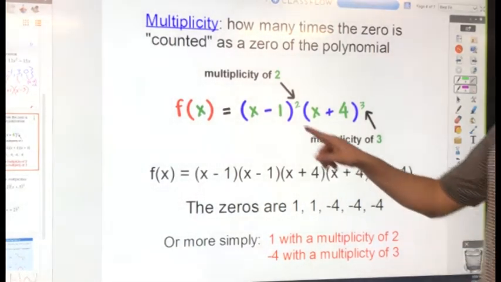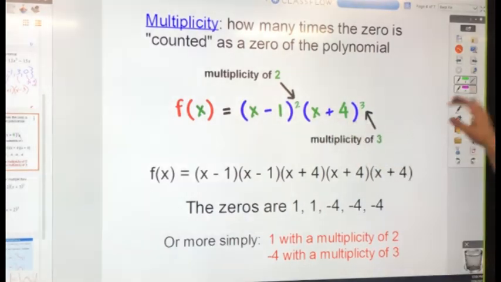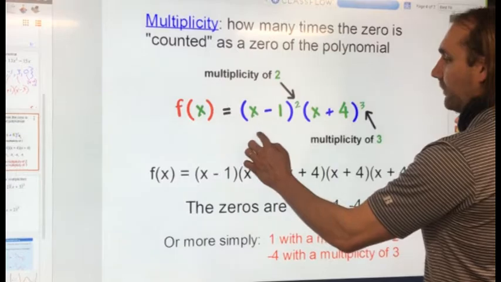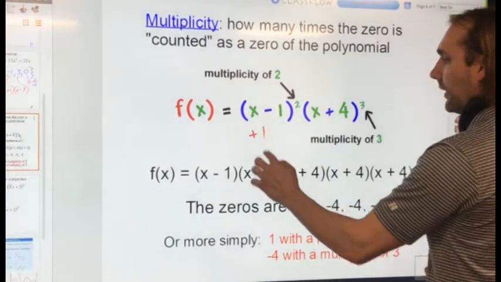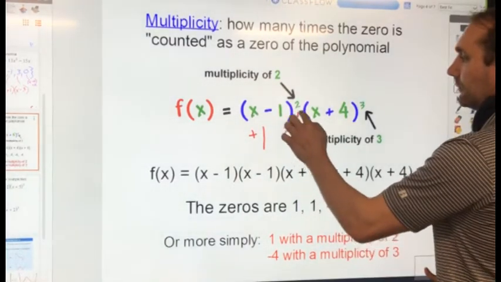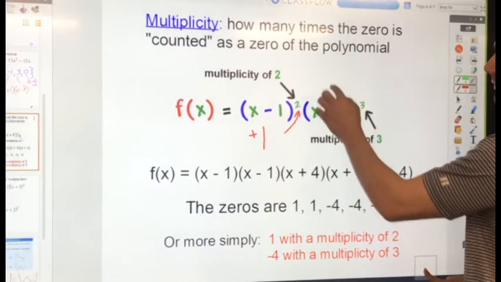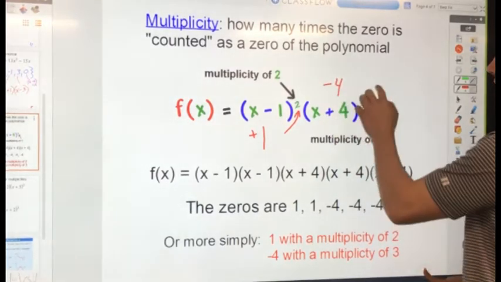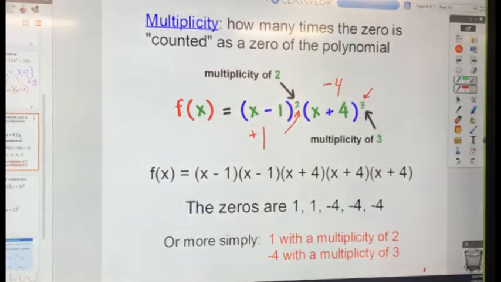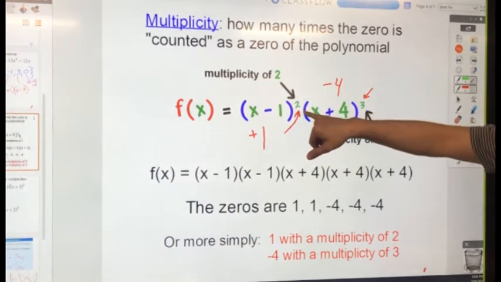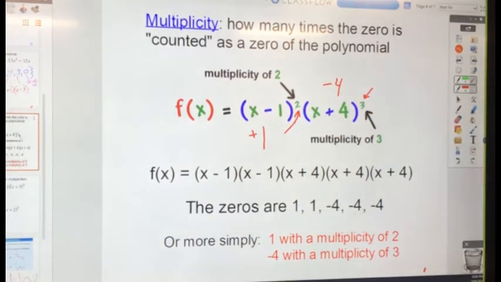So note, if you look at it here, my 0 for x minus 1 is a plus 1, and that shows up 2 times. My 0 for this term, x plus 4, is minus 4, and it shows up 3 times. So you're basically solving the factor to find the 0, and then looking at the power to tell you how many times that 0 is in the polynomial.